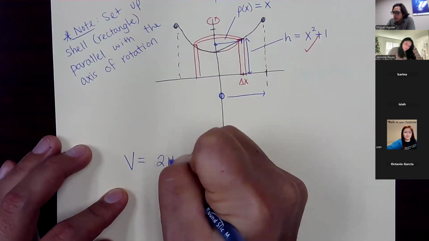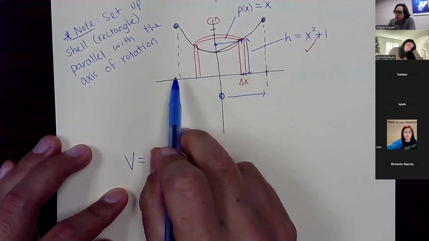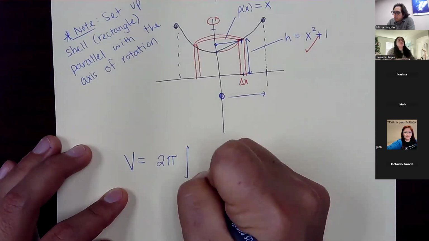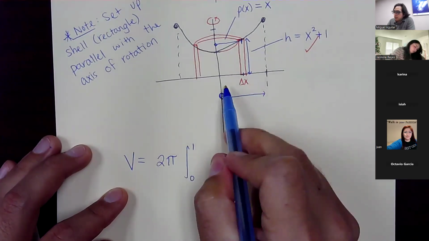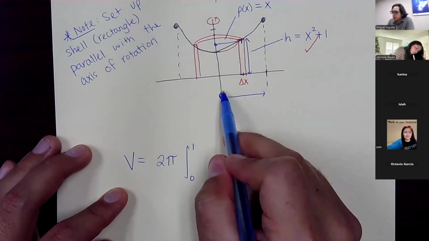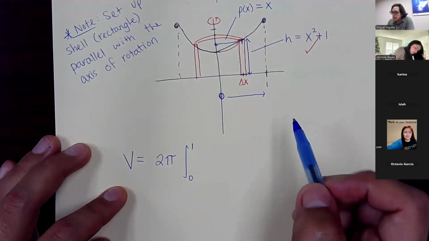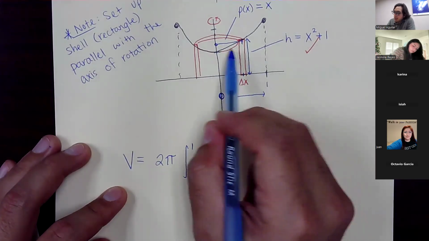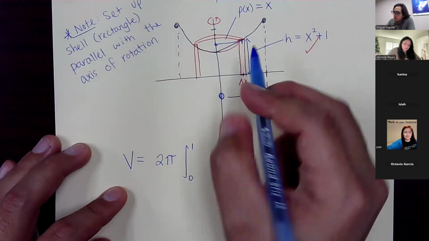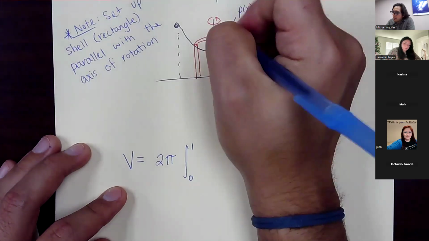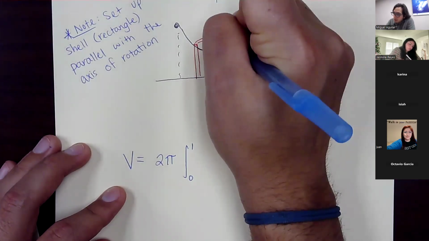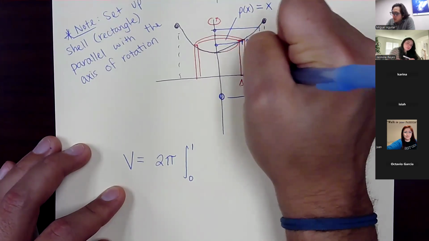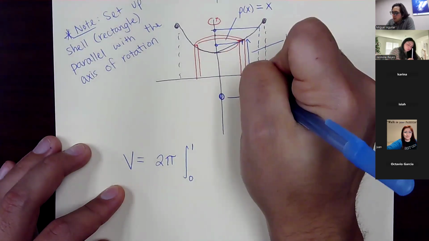And that's just going to be 2 pi. Remember, that's the thing that's going to rotate us around the y-axis. We're just going from 0 to 1 in terms of our limits of integration on the x-axis. We said the radius of each of the shells is just going to be whatever x value we happen to land on. If I had a radius of a shell that was going a little bit further out, the radius is just landing on an arbitrary x value, right?